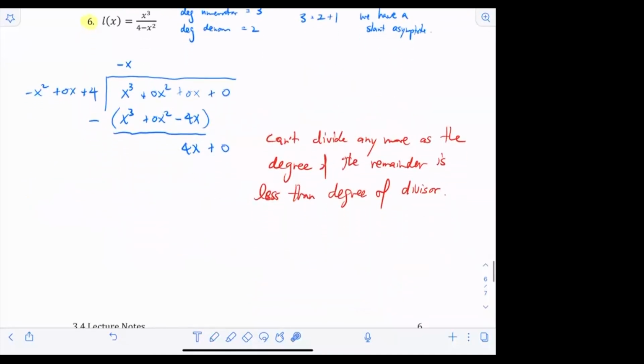So what does this tell you? This tells you that your L of x, which was x cubed over 4 minus x squared, is really the same thing as negative x plus 4x divided by, let's write it as a 4 minus x squared like this. And this is the remainder piece.